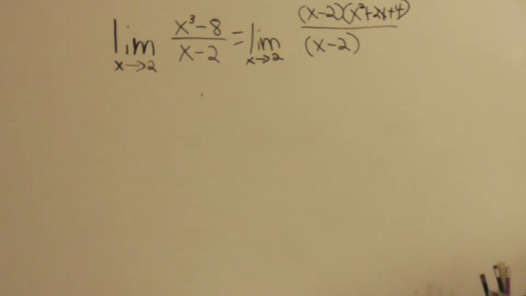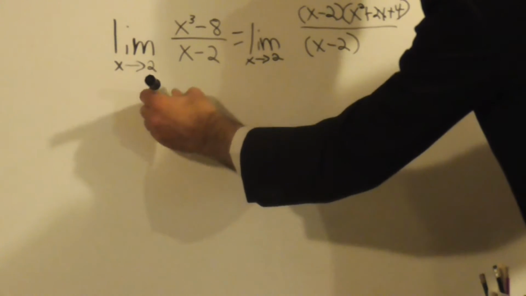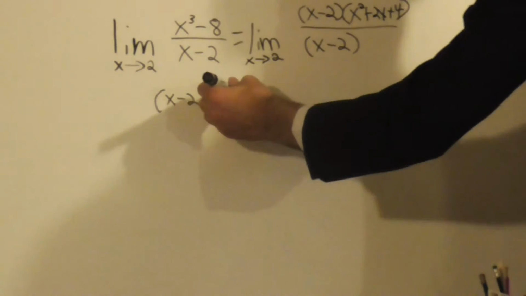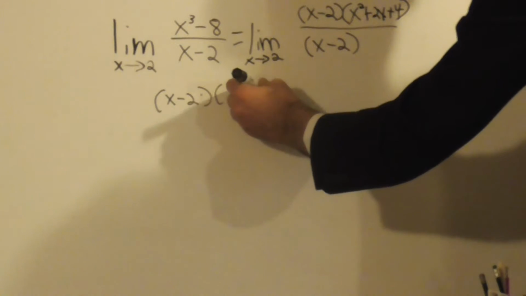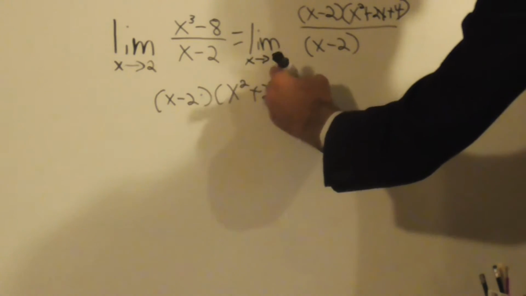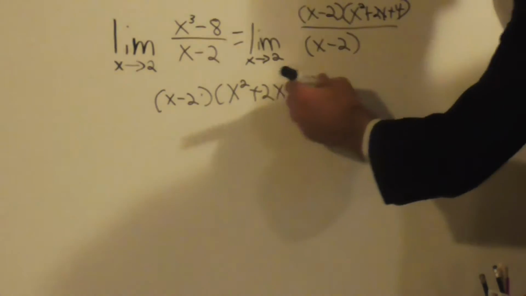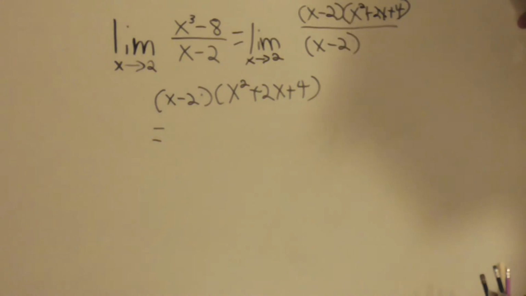And to prove this, we can multiply it out. So here we have x minus 2, and this is separate from the limits problem. I'm simply proving to you that the numerator multiplies out to equal our original numerator, which was x cubed minus 8. So we have that, and we simply multiply every term by every other term.